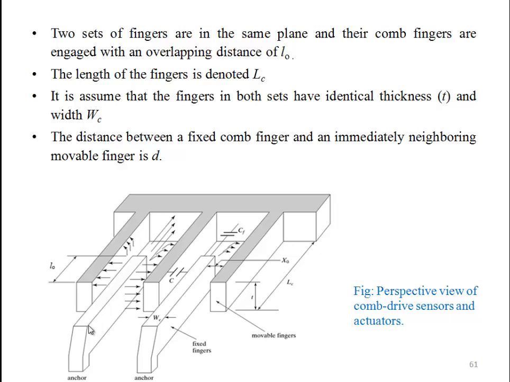The length of the finger is denoted as LC, its thickness is assumed as T, and the width is assumed as WC. The distance between a fixed comb finger and a nearby movable finger is D.